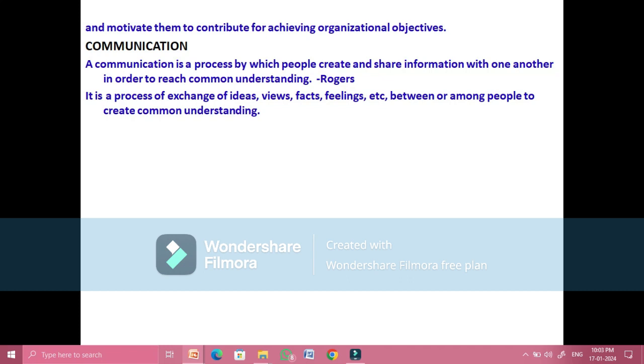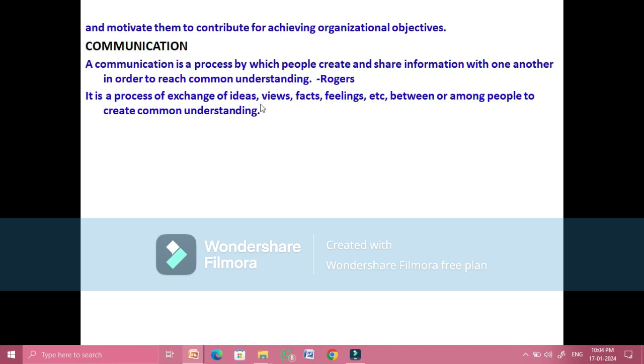Proper communication occurs when subordinates understand what was conveyed to them by the superior and act accordingly, whereas miscommunication occurs when the information conveyed is not clear and understandable, leading to misunderstanding and loss of performance. So communication should be effective.